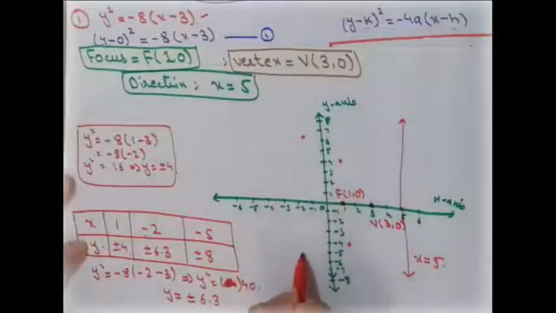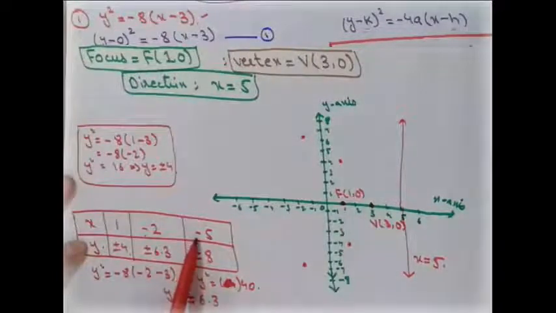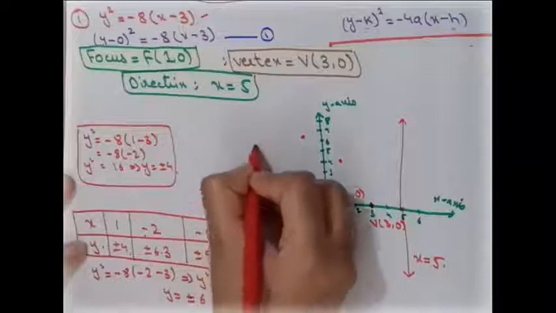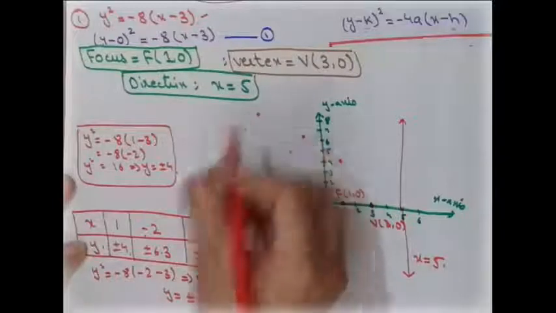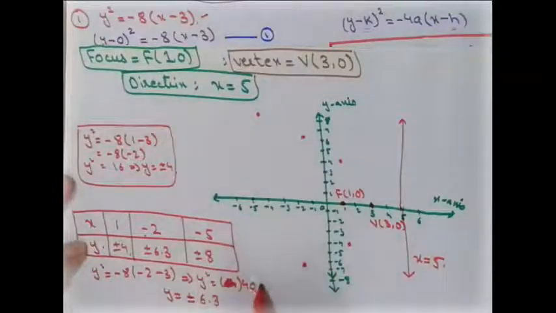And I take the value minus 5, then I get plus or minus 8, which means on the x-axis the value is 5 and on the y-axis the value is 8, and in a similar way I can find this point.